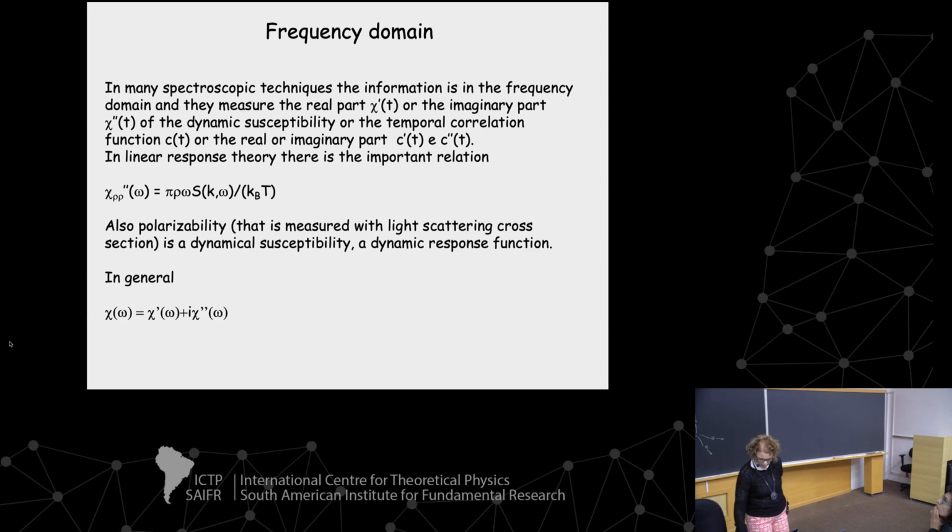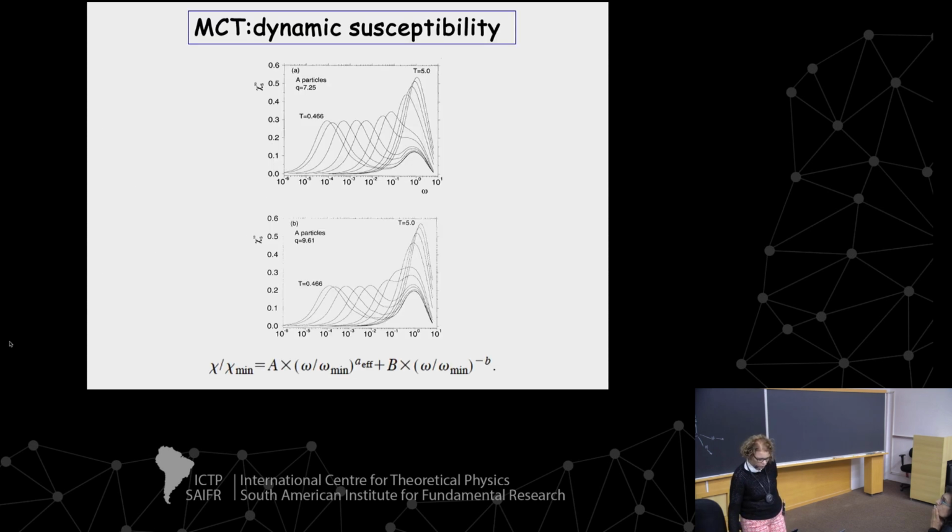In general, the total susceptibility is this one. So when you look at this chi, which we can, of course, calculate out of molecular dynamics simulation, and for example, Kob and Andersen calculated it for their mixture, you see how they behave.